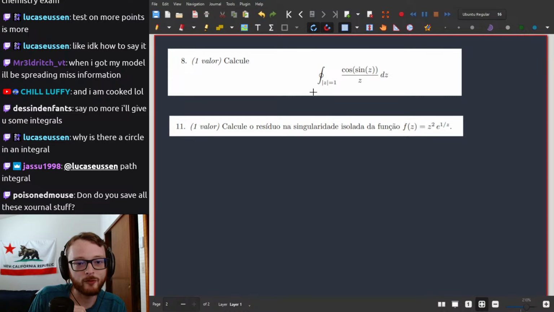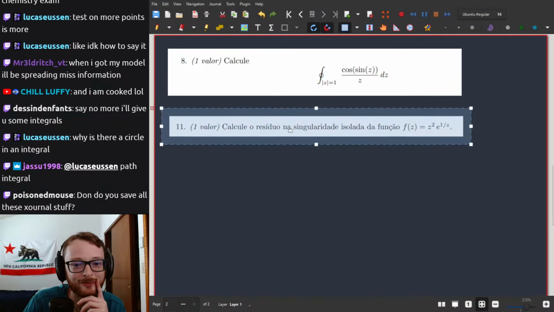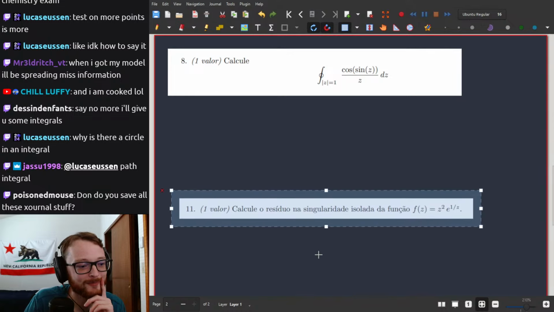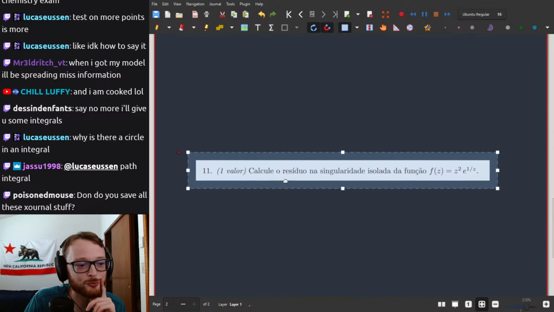When you get to multivariable calculus, the idea of an integral kind of changes. And this is called a path integral, as Jasu says. It's a little bit hard to describe, but it's an integral in 3 dimensions, basically. One of the ways you can integrate in 3 dimensions, at least. There's multiple ways.